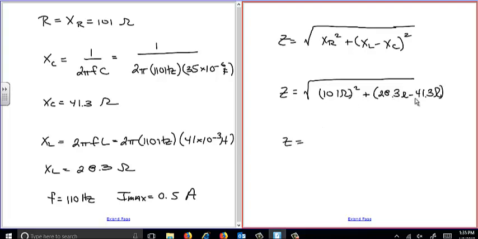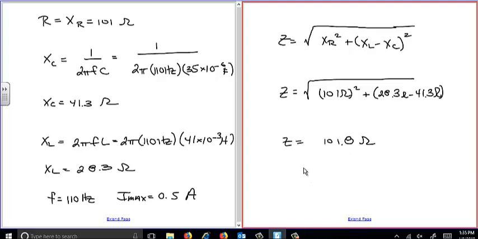Now, because these numbers aren't that big and the difference is even smaller, the actual impedance is not going to be that much different than the actual resistance, but that's just because I picked these numbers from my memory here. So you get 10,370, and if you take the square root of that, you'll get 101.8 ohms. So that's the impedance.